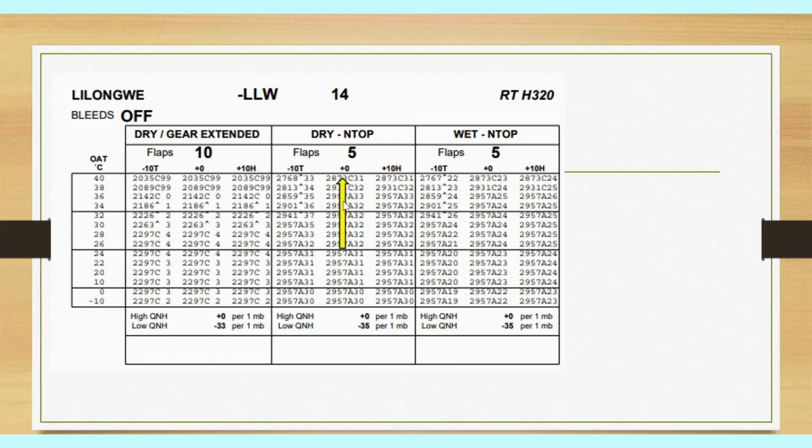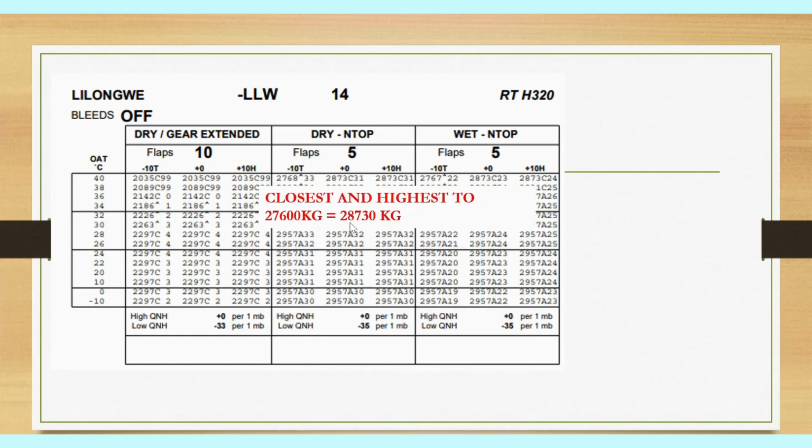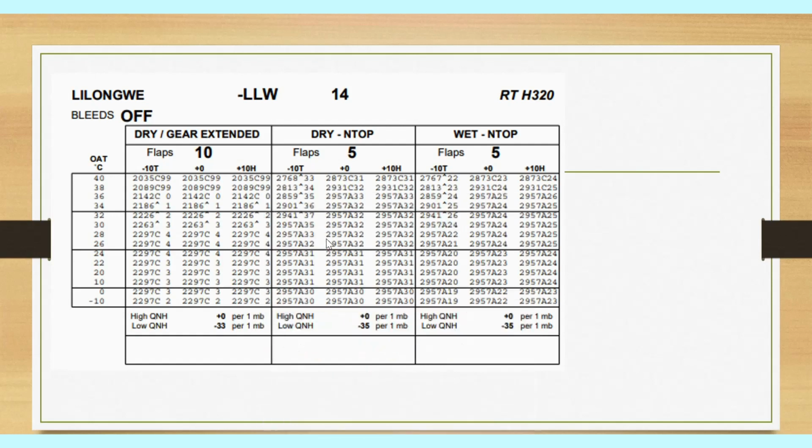The next closest and highest to 27,600 kilograms is 28,730 kilograms, which is right at the top here. Once you've located that, you note it down as we've just done, and then you determine what temperature this figure relates to.